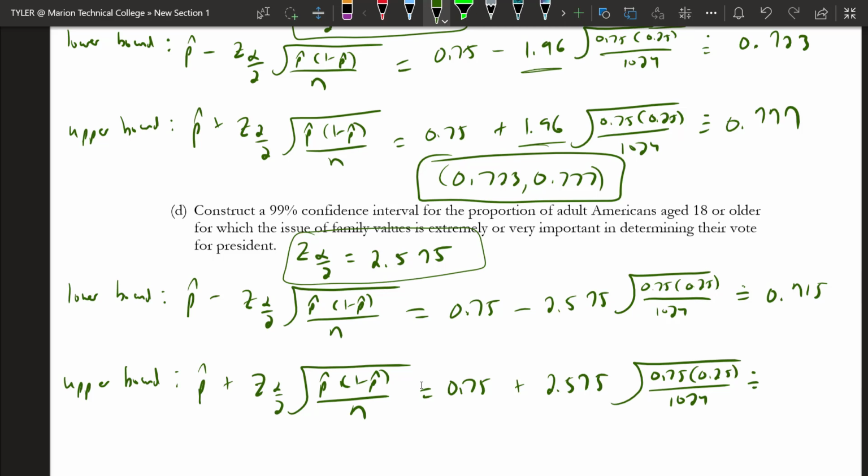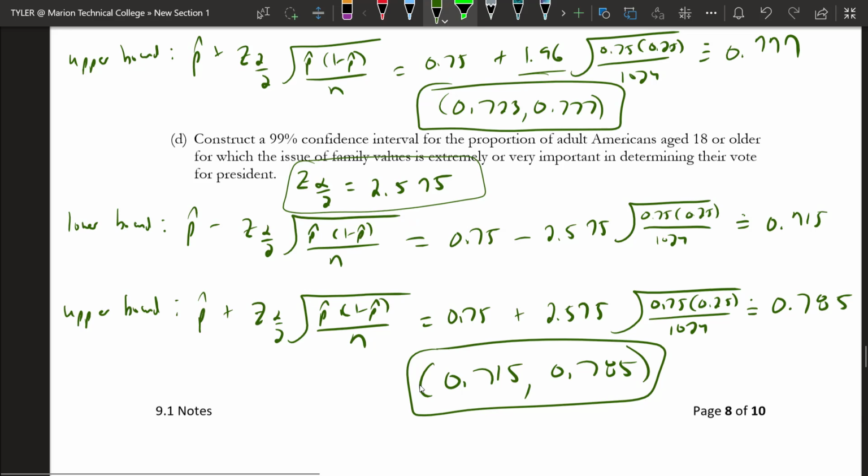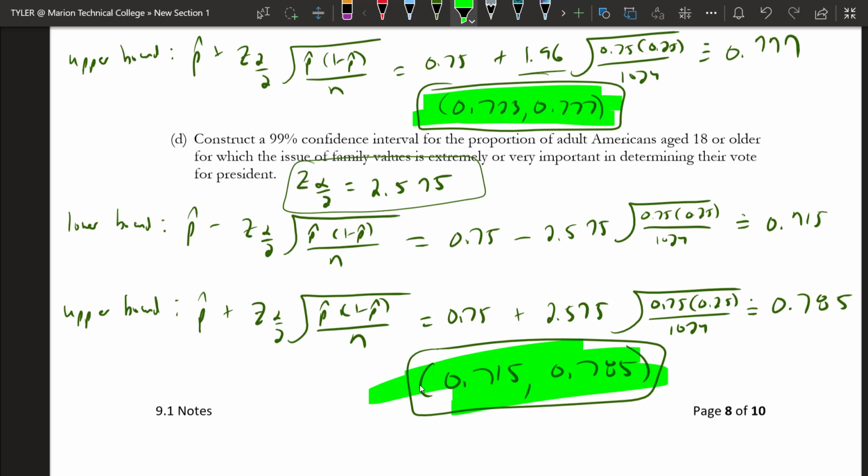And keeping with rounding 3 decimal spots, this comes out to be 0.785. Right, so this confidence interval is 0.715 to 0.785. Right, so notice when we're comparing these two, that I'm highlighting in green, notice the lower bound becomes a smaller number, and the upper bound became a bigger number. In other words, the interval is widening, right? It's getting wider.